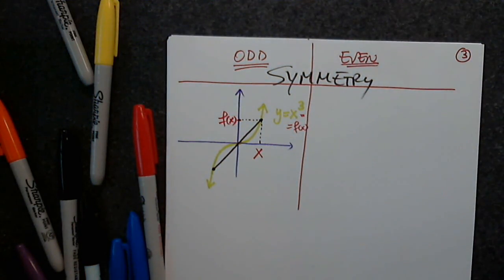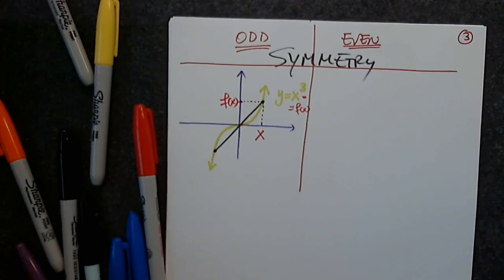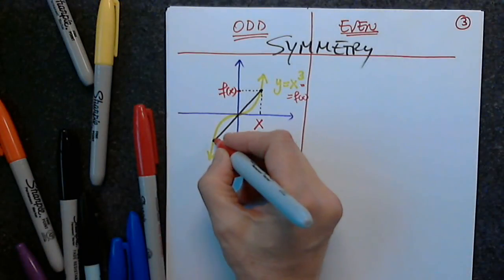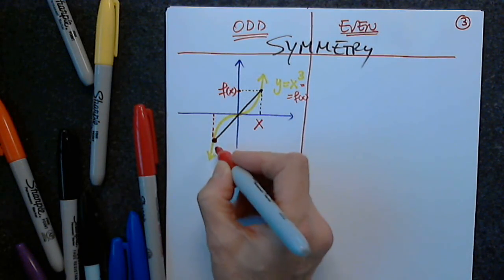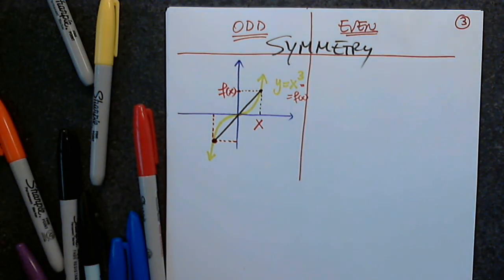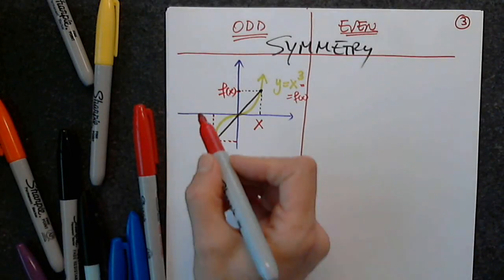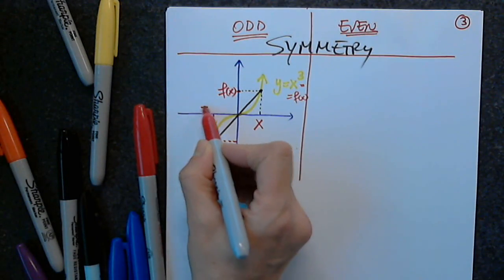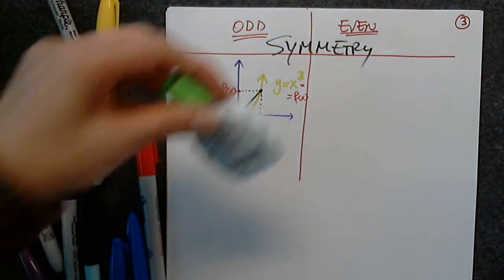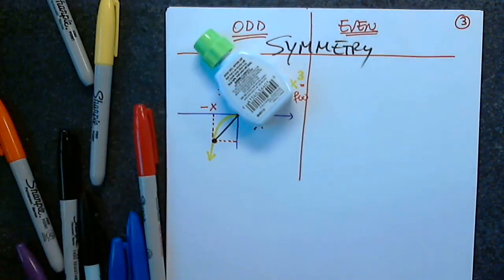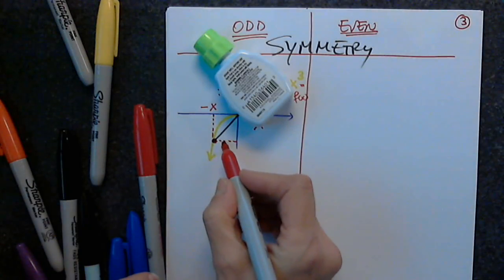Now, by construction and by graph, I think you will be able to give me the coordinates of this point. Take a moment and tell me what is this? Awesome. Stay with me. Do not look at the other side. And tell me what this is.